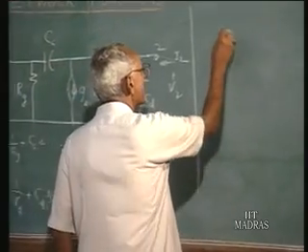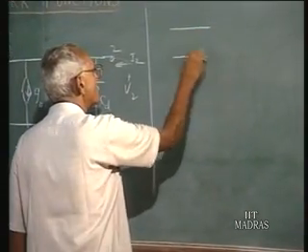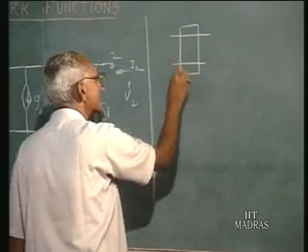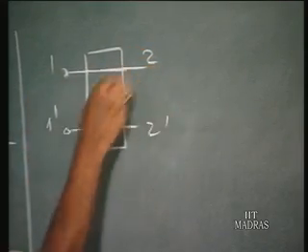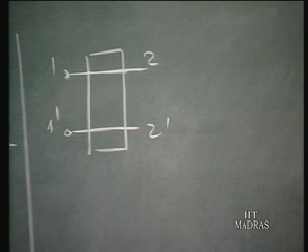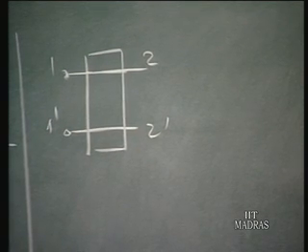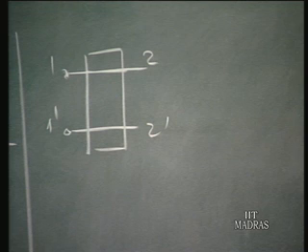So for a very simple case, suppose I have a two-port constituted by two lines like this. These are two lines flowing right through from port 1 to port 2. You will find that all parameters except the ABCD parameters exist.